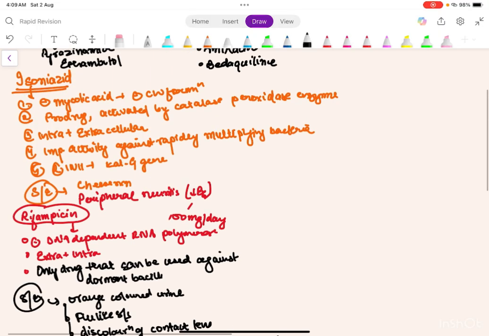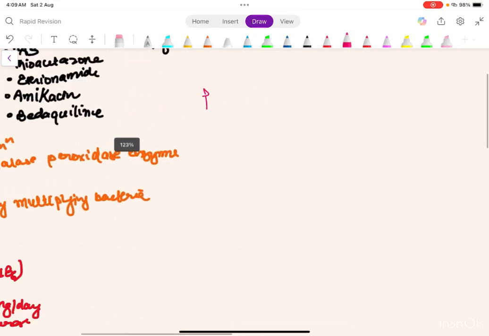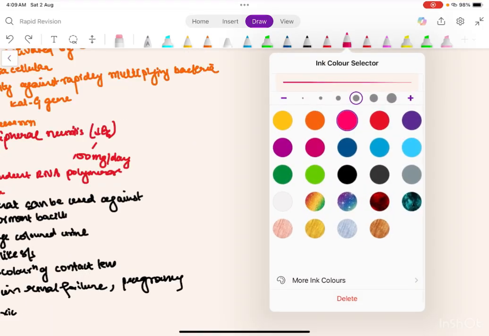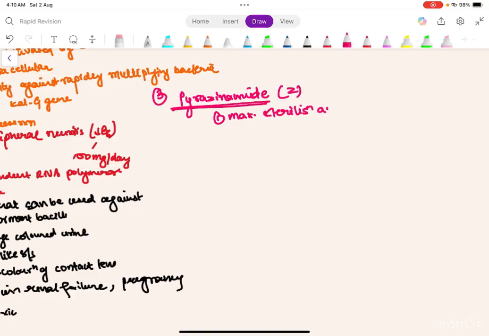Then coming on to pyrazinamide, the third drug, which is Z. In pyrazinamide you have to know a lot of things. First of all, it has the maximum sterilization action.